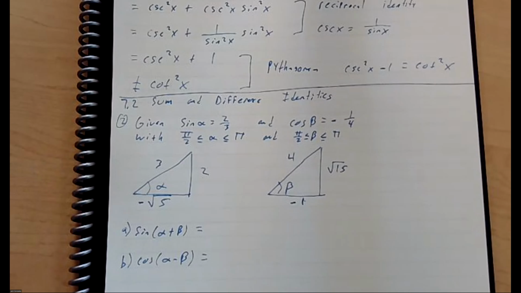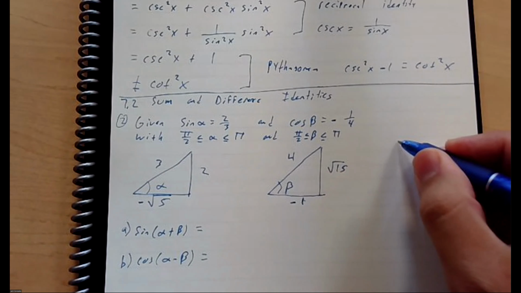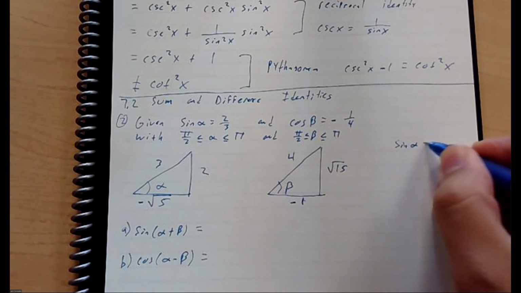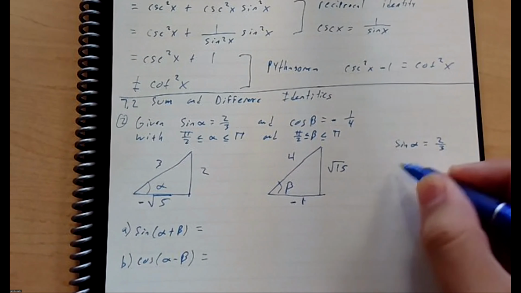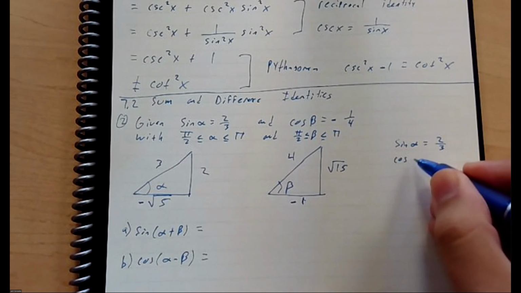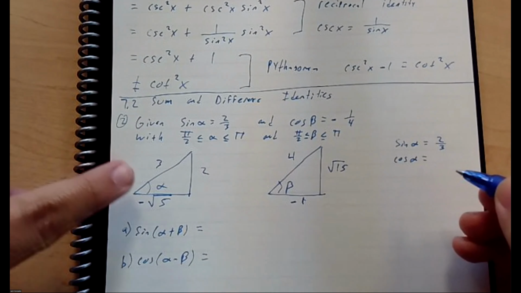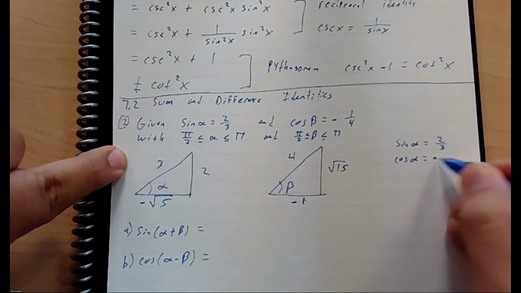So once you have this, just use the formula and that's it. Just plug in the stuff that we need. Over here, I'm going to write down everything that we need. We were given sine alpha. Cosine alpha would simply be adjacent over hypotenuse.